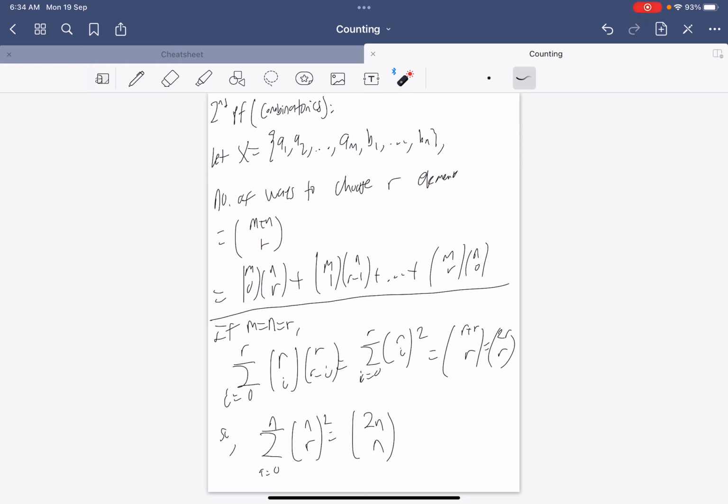Likewise, we can choose 0 from the a side, so that's m choose 0, and then all our r elements must come from the b side, so it's n choose r. But there's another case, which is when you choose one element here and r minus one elements there, and you continue all the way until you choose r elements here and 0 elements there. And so this proves Vandermonde's identity.